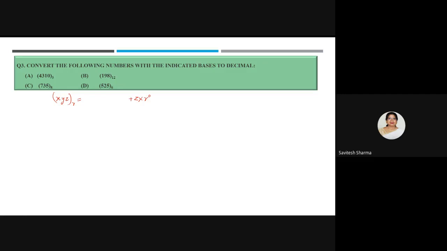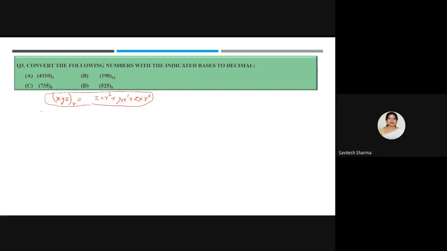So z is at the 0th position, y is at the 1st position, and x is at the 2nd position. So like this you will expand for converting any base r into decimal.